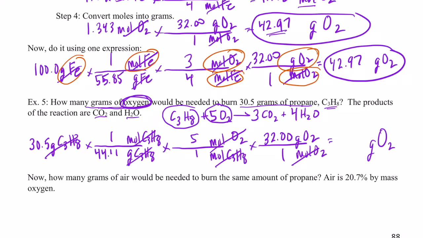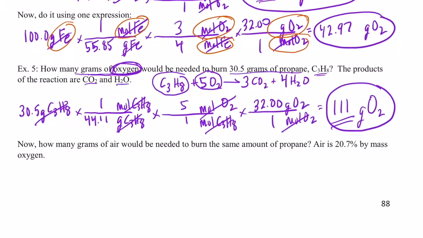So let's do the math together, see what we get. 30.5 divided by 44.11 times 5 times 32.00. Did you get to 3 significant figures? 111 grams of oxygen would be necessary to burn 30.5 grams of propane. If you did, good job.